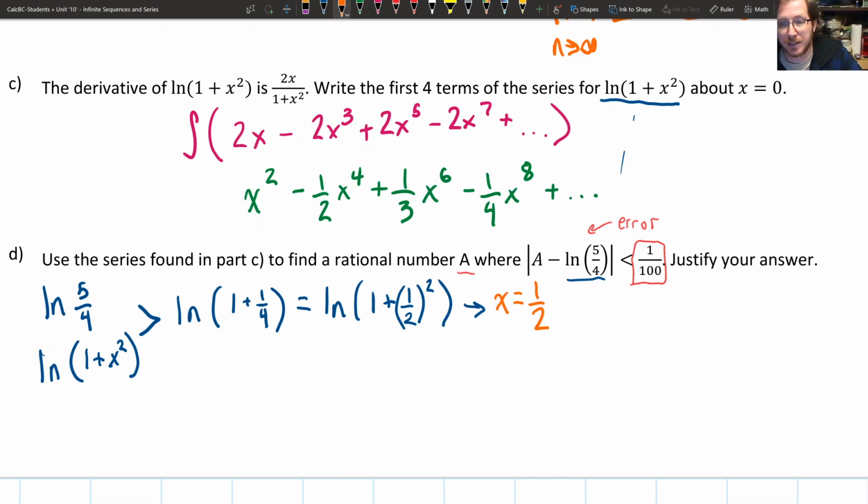Okay, so now let's evaluate. Let's plug that 1/2 into our series and see when we get to a point where we've got a value less than 1 over 100. Plugging in 1/2 here, we get 1/2 squared, the same thing as 1/4.